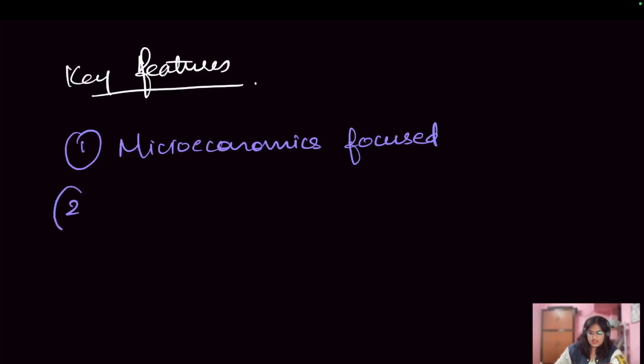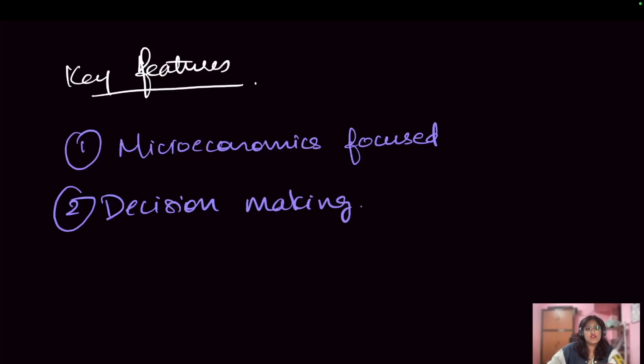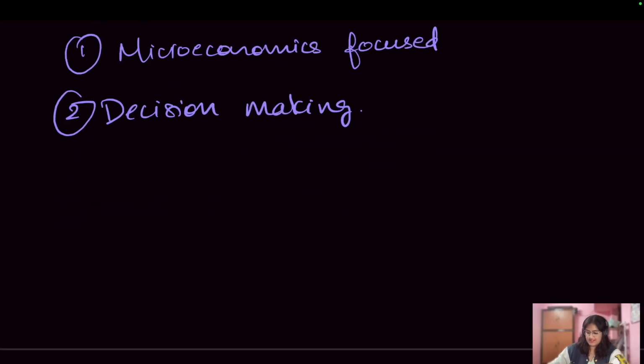The second feature is decision making. The ultimate goal of managerial or business economics is to help managers make optimal decisions, the best decisions under constraints, that is, with limited resources like time, money, labor, etc.